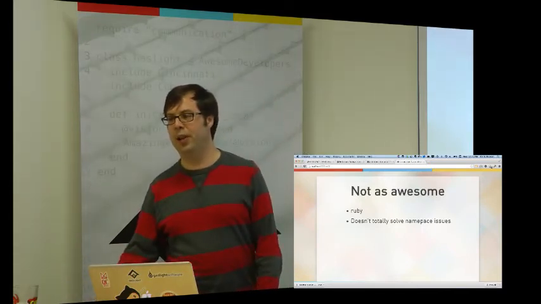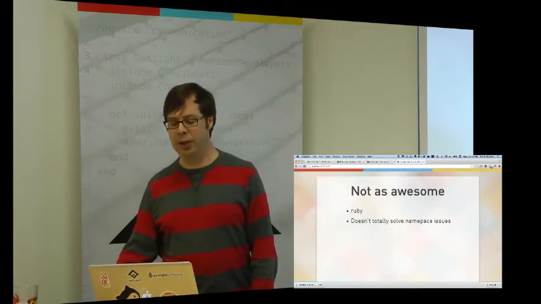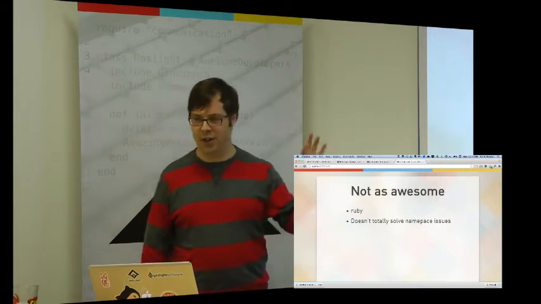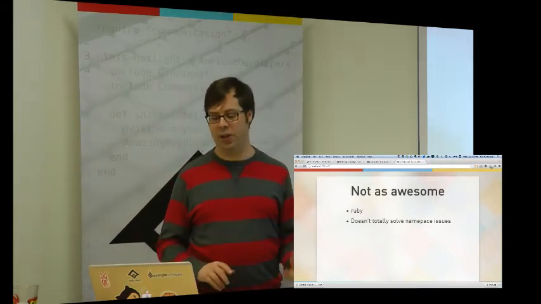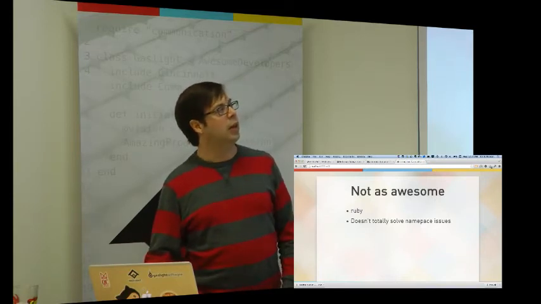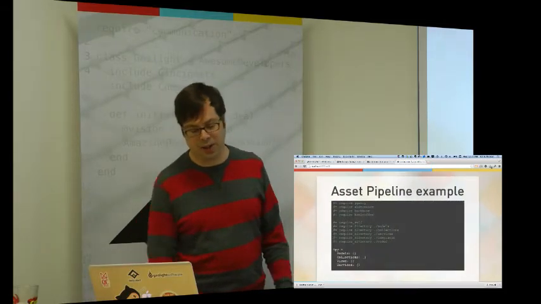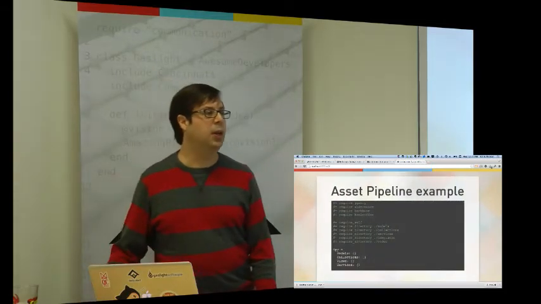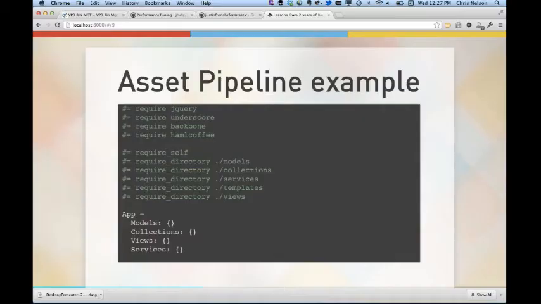You just have to be aware and careful and not be overly intrusive on the global namespace. The other thing that we've used to solve these kinds of problems actually does deal with that. We'll talk about that. Well, I'm sorry, I'm getting ahead of myself. So this is some code that actually shows what the asset pipeline looks like. This is CoffeeScript again.